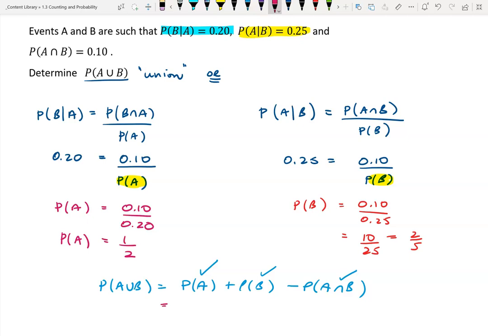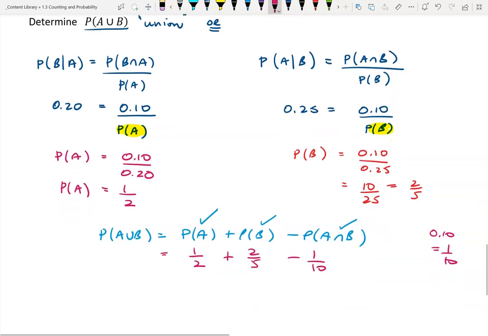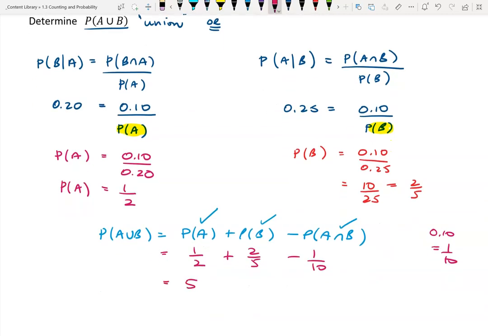So filling these in, we've got A is a half, B is 2/5, and the intersection is 0.10. That's just 1/10. To have them all as fractions, we can change the denominators to all out of 10, just to make it easier. And we get the union of A and B as 8/10 or 4/5 or 0.8.